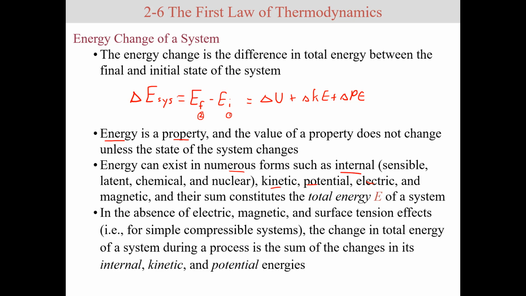Kinetic, potential, electric, and magnetic. And their sum constitutes the total energy E of a system. In the absence of electric, magnetic, and surface tension effects, the change in energy of a system during a process is the sum of changes of its internal, kinetic, and potential energies.